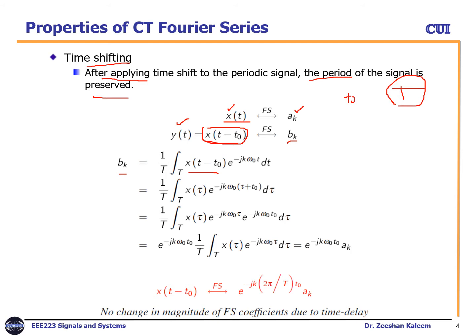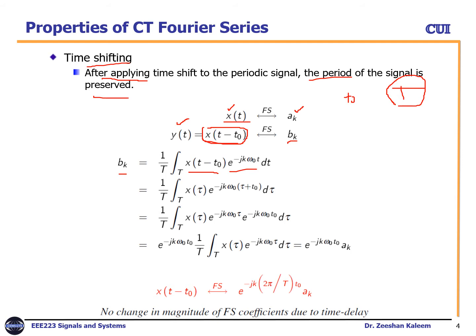By using the formula which we already obtained in the previous videos, bk equals 1 over T, integrated over the time period from 0 to T, of x of t minus t naught times e to the power minus jk omega naught t dt.